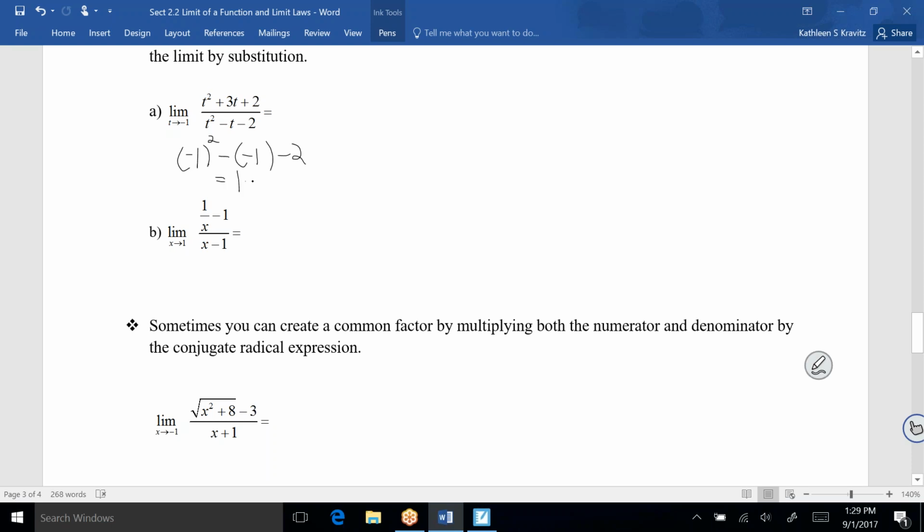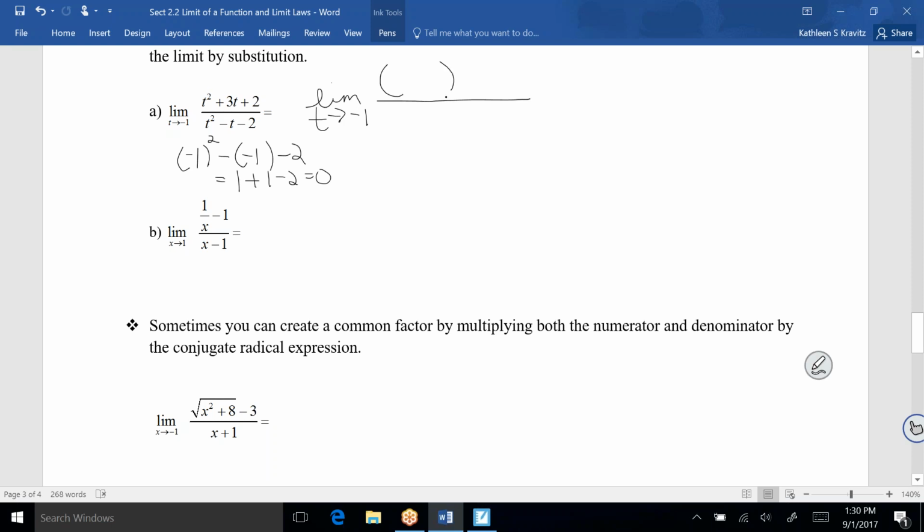That's equal to 1 plus 1 minus 2, which is equal to 0. So that's a problem. We can't just plug that -1 in because we can't have a 0 in the denominator. So instead, we're going to try to use algebra or try to factor. There's really no algebra to do, so we'll see if there's something that we can factor. So we're looking at the limit as t goes to -1.